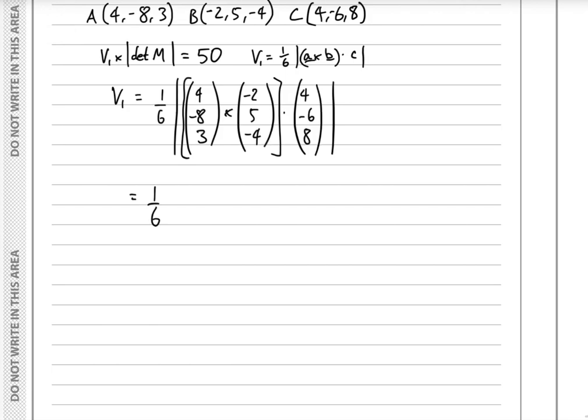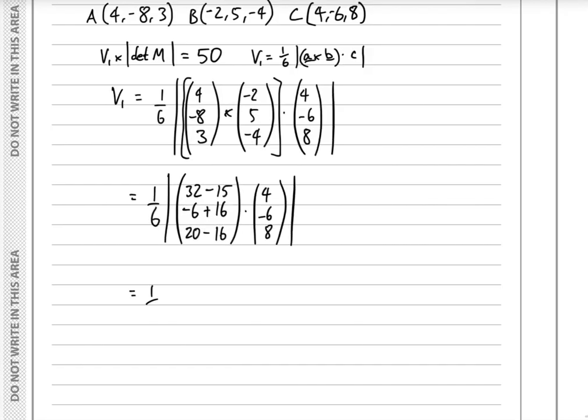That gives us a cross product of minus 8 times minus 4, minus 5 times 3, 3 times minus 2, minus 4 times 4, and 4 times 5, minus 8 times minus 2, still dotted with this.